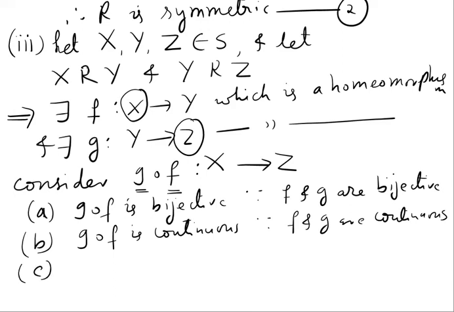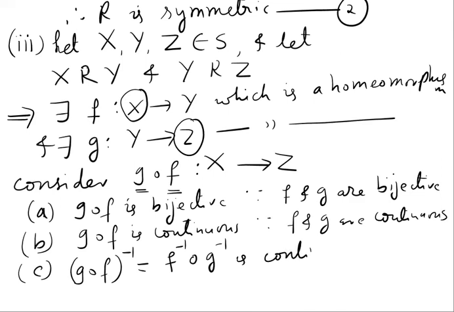Now see, what about the inverse? (g∘f) whole inverse is nothing but f inverse composed with g inverse, right? And f inverse is continuous, g inverse is continuous, and the composition of two continuous functions is continuous, as we have proved. So (g∘f) inverse is also continuous.